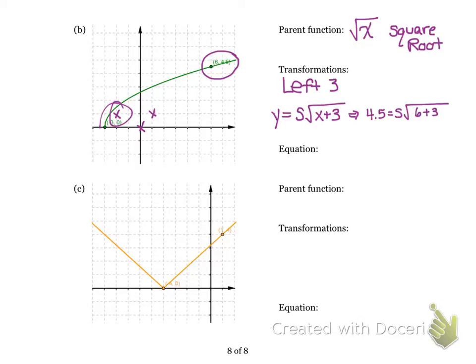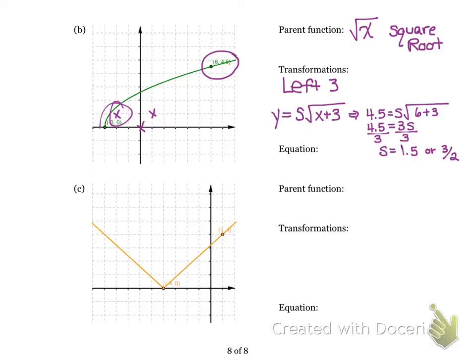Well, 6 plus 3 is 9. The square root of that is 3, so we have 3s. And then we're going to divide both sides by 3. This gives us an s value of 1.5. That's acceptable, or you could say 3/2, up to you.